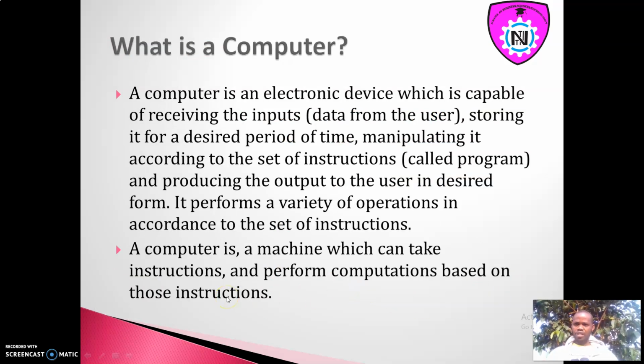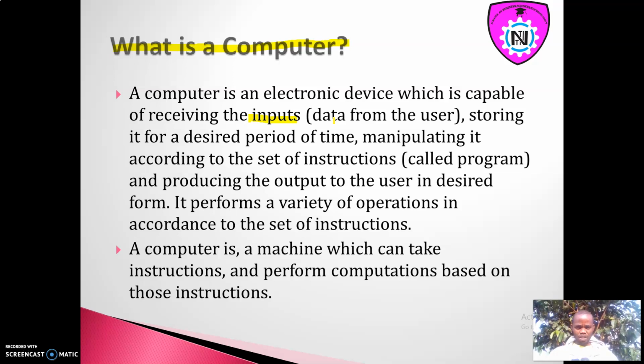Now, after doing that, I want us to understand what a computer is. And in simple layman's language, what is a computer? You can consider a computer as an electronic device which is capable of receiving inputs. These inputs are data from the user. You yourself are the user of that computer.